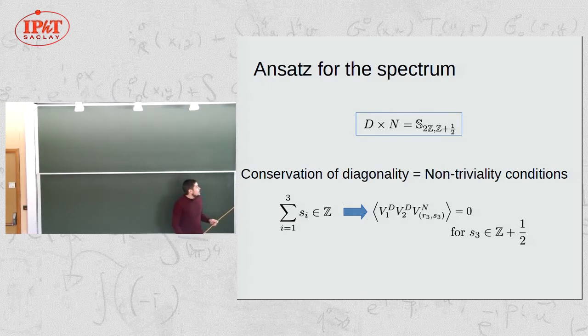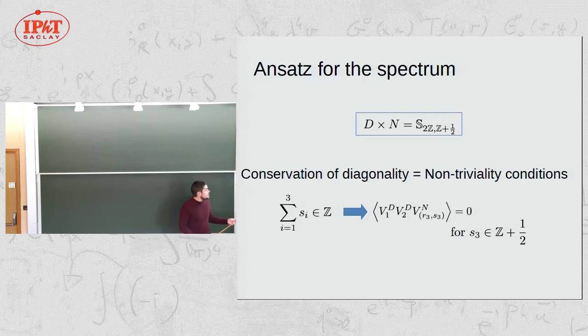And finally, let us point out that the conservation of diagonality of the minimal model is enforced also by the conditions that we find in the conformal bootstrap approach, because these non-triviality conditions impose that the sum of the S indices should be an integer in order for a correlation function to be non-zero.